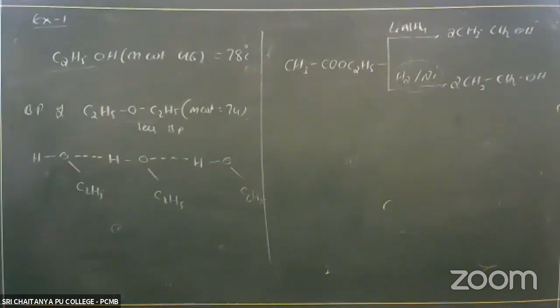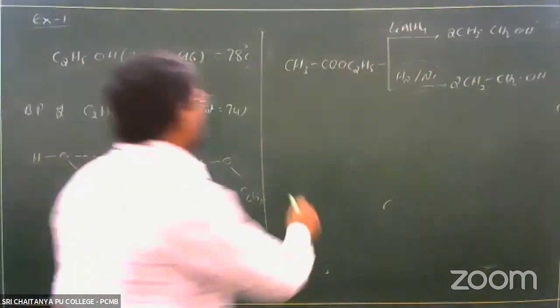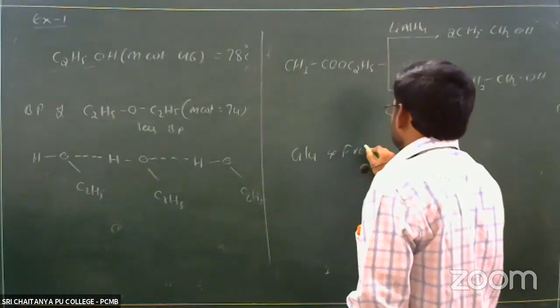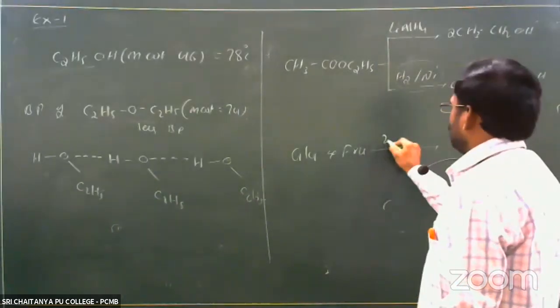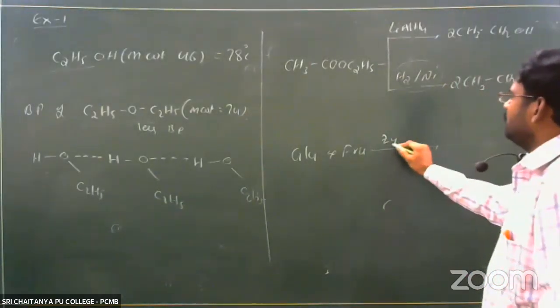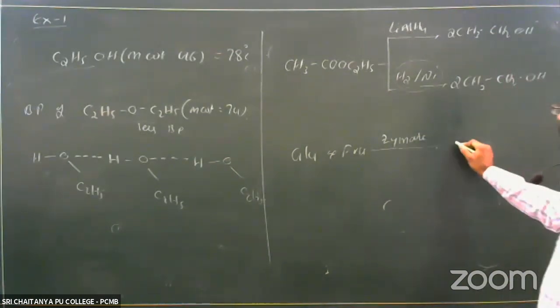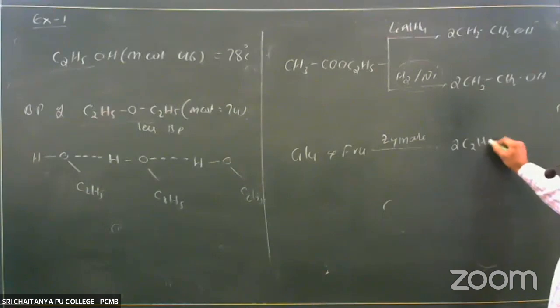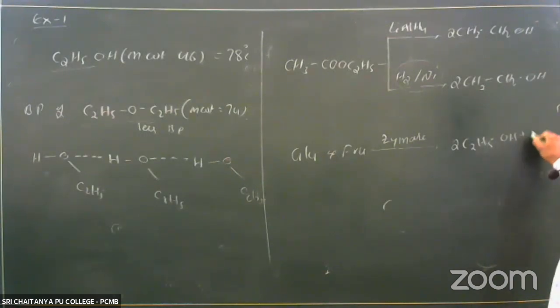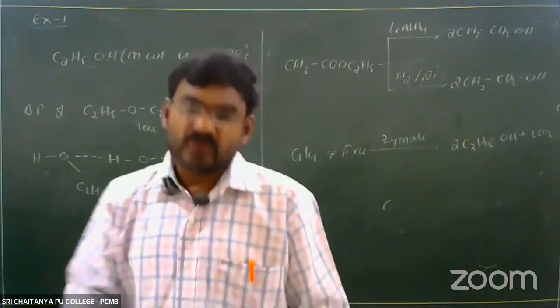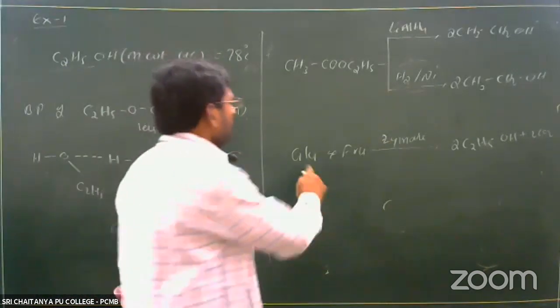Next, the eighth one. Glucose and fructose are converted into ethyl alcohol by the action of zymase enzyme, giving ethyl alcohol and losing 2 moles of carbon dioxide. By the action of invertase enzyme, sugar, C12H22O11, is split into glucose and fructose.